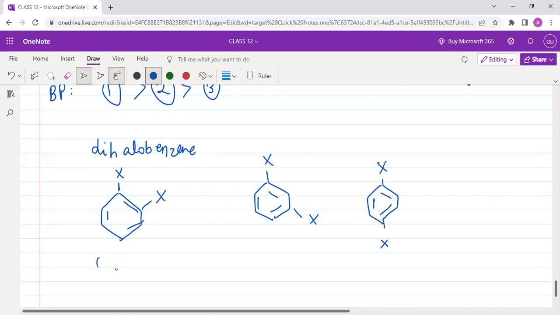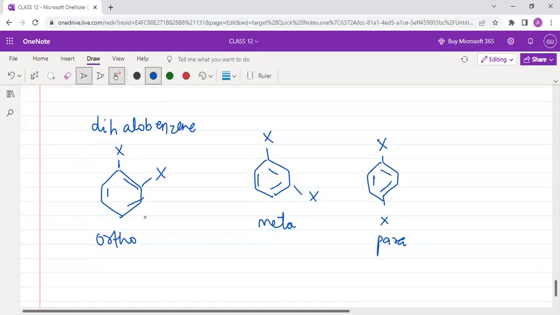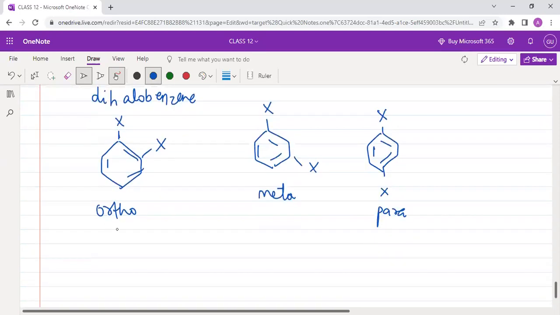So it is ortho, meta, para. You should be clear that ortho is 1, 2, meta is 1, 3, and para is 1, 4. Now, which one of these will have the highest melting point? Have you studied about this?